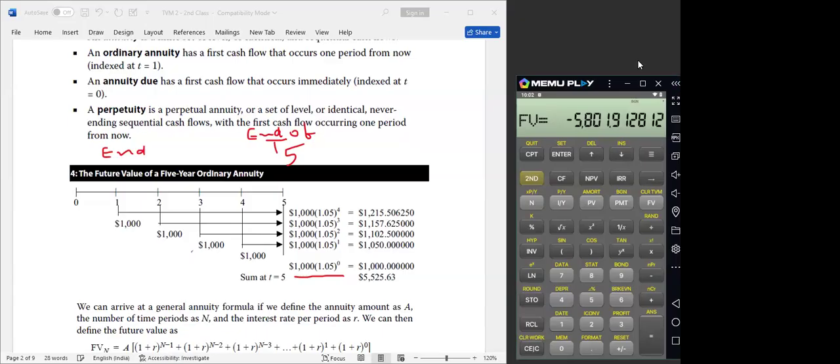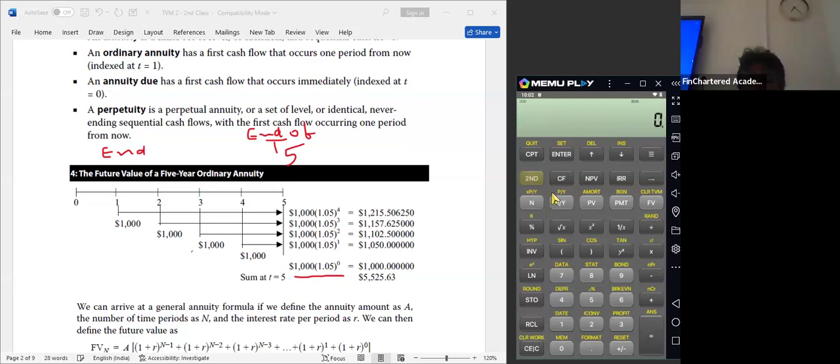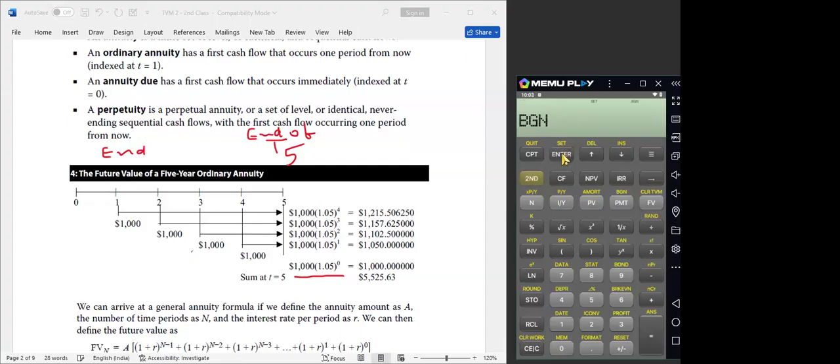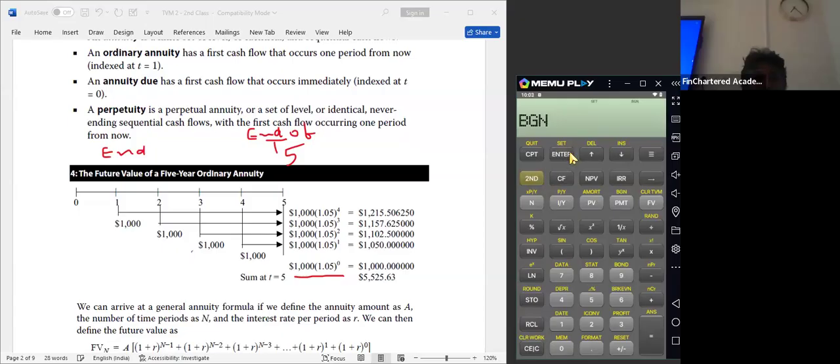What you have to do is second format. Second BGN is there, na? Second PMT. Are you getting BGN? Second PMT, second enter, like that. Okay, please do that so that it is at the beginning mode.